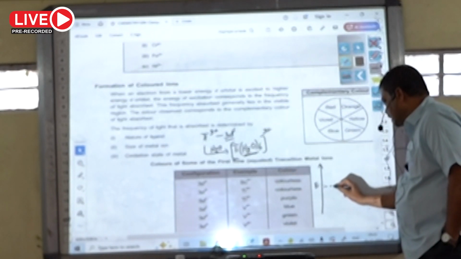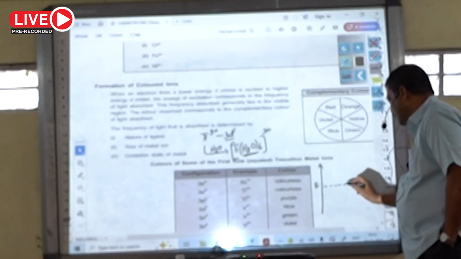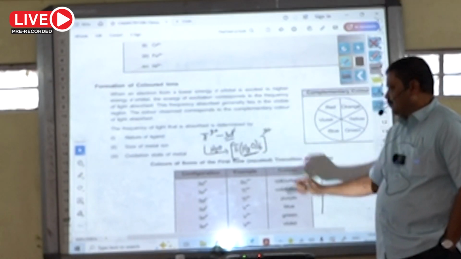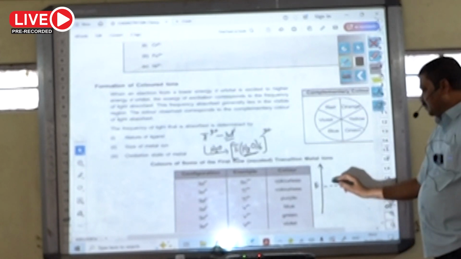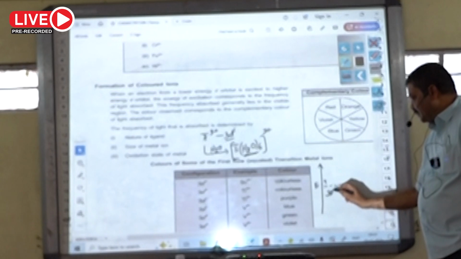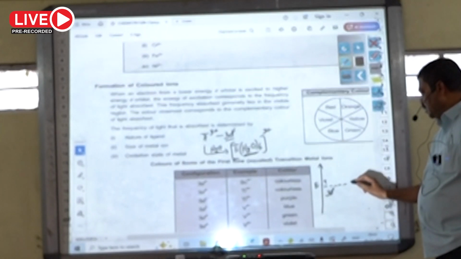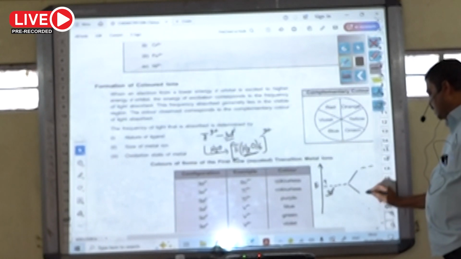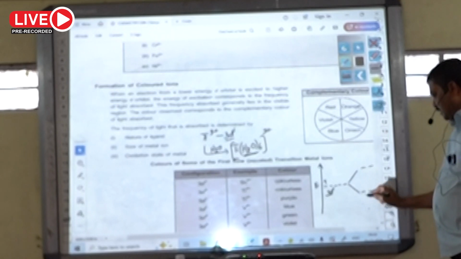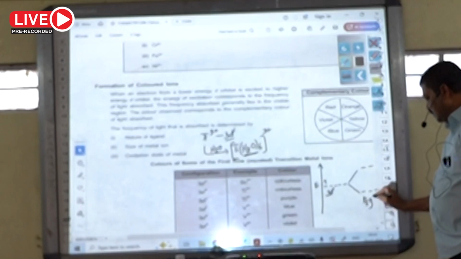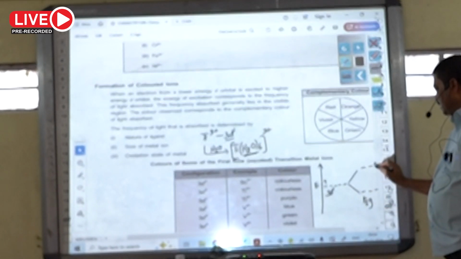D orbitals initially will have same energy, but when 6 water molecules surround the titanium 3 plus ion, this is 3d1, the d orbitals split into 2 categories. We already explained this. This is called T2g set. This is called Eg set.